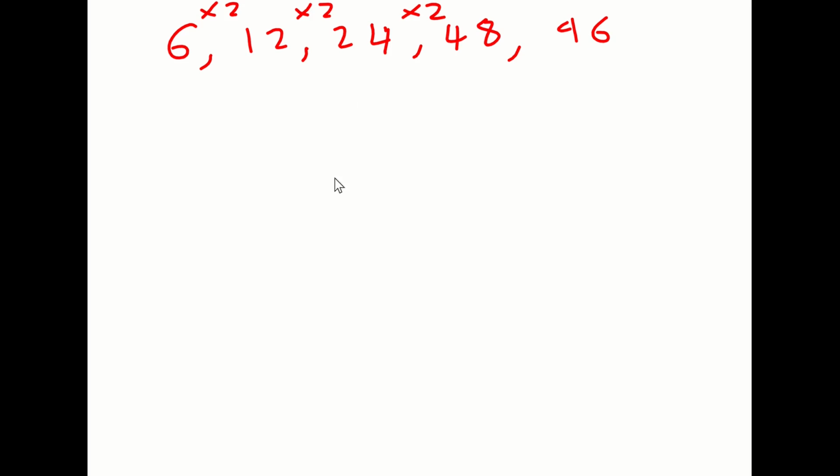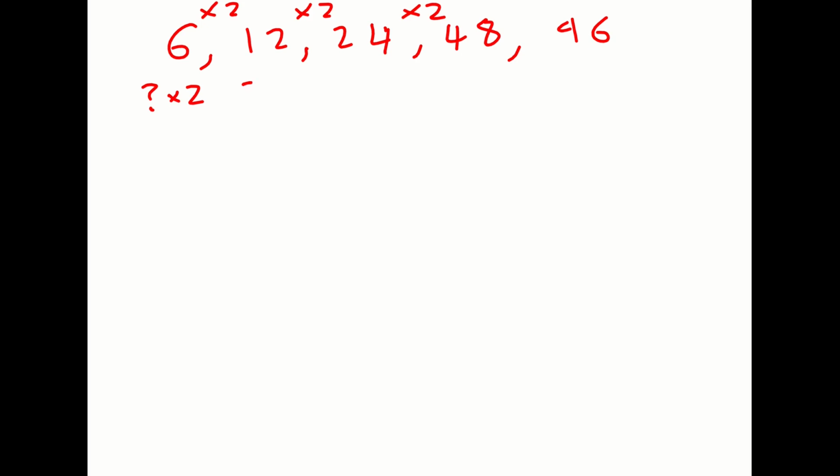And so I can see that, for the first term, I've got something multiplied by one lot of 2. Let's write it like that. When I did linear sequences, I said something plus one lot of 2 or whatever it was.